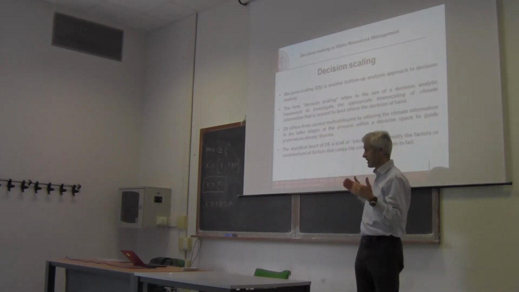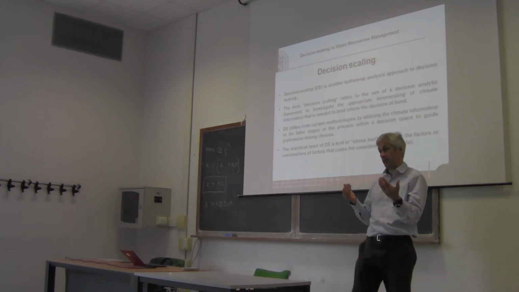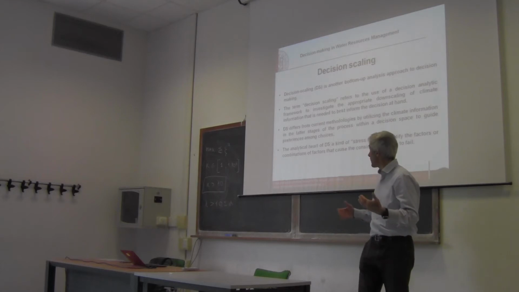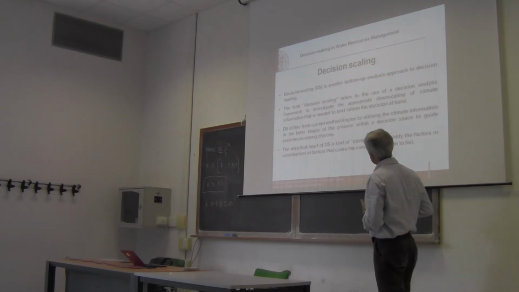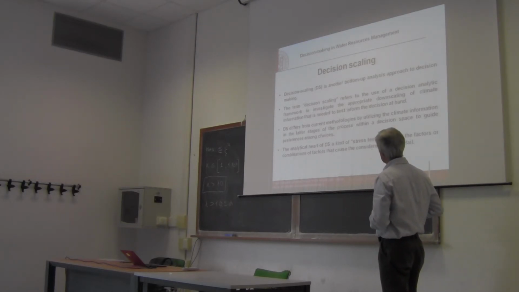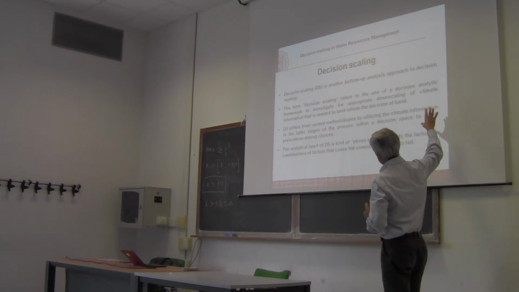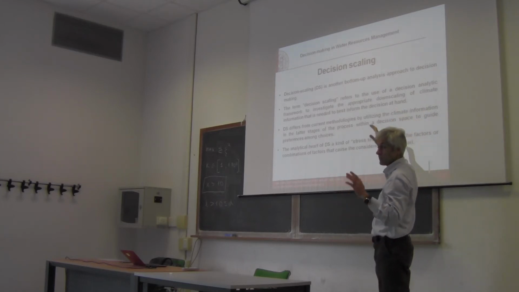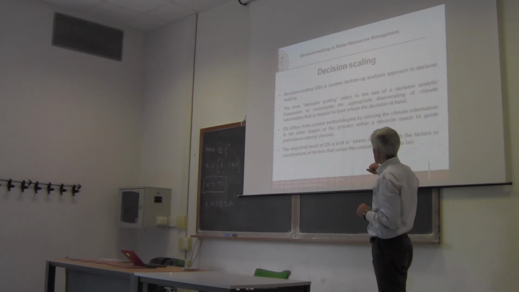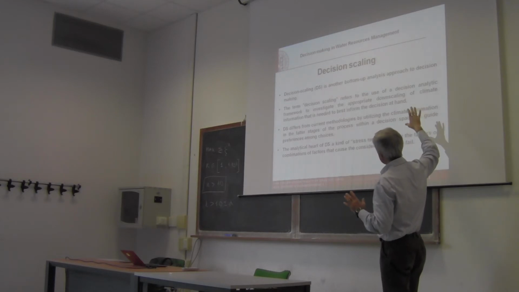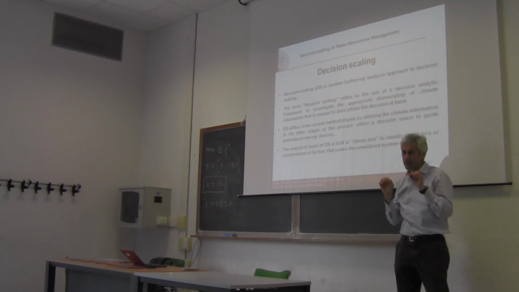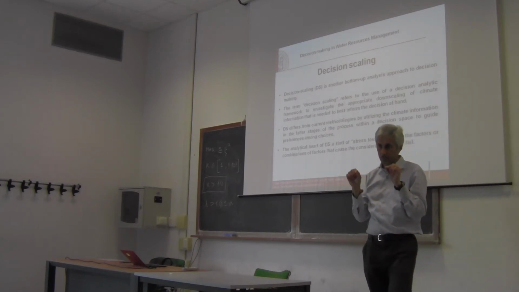So it doesn't start with the strategies like robust decision making, but starts with an analysis of the vulnerability of the system. And the term decision scaling refers to downscaling of climate information, because this method was developed within the context of climate change.